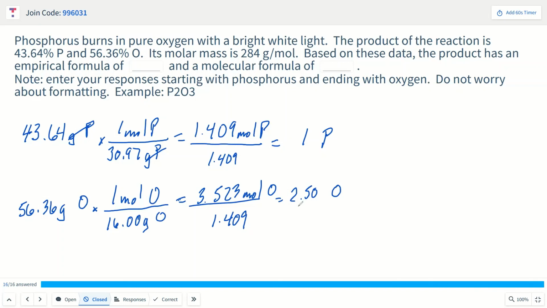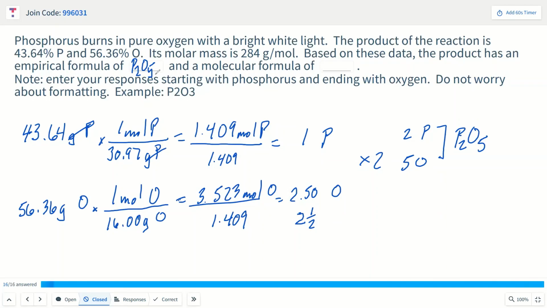So we've got to take care of that relationship. Now remember, the thing to do is multiply both of these numbers by the denominator of the fraction. We can think of oxygen as 2.5, which means I need to multiply both of those by 2. I get 2 phosphorus, and 2.5 times 2 would give me 5 oxygen. This would be an empirical formula of P2O5. So my first response here is P2O5 for the empirical formula.